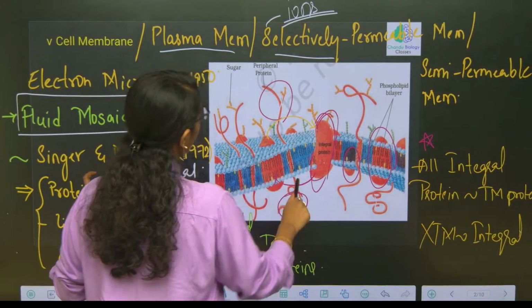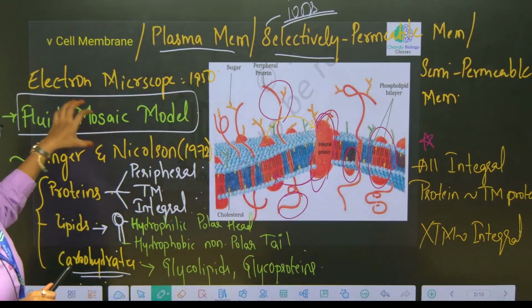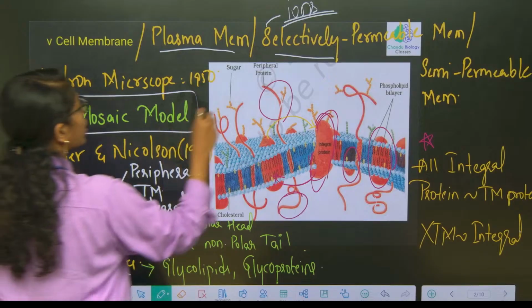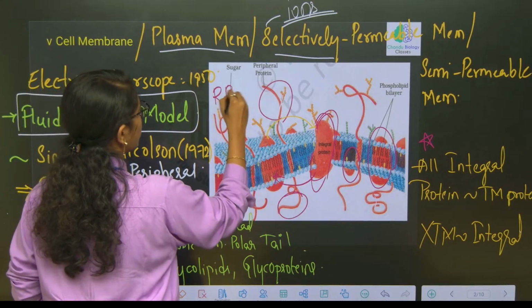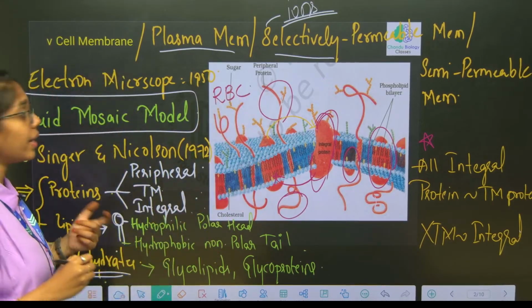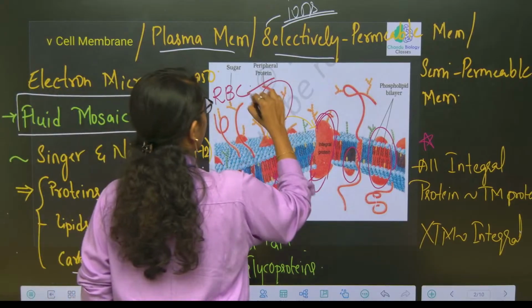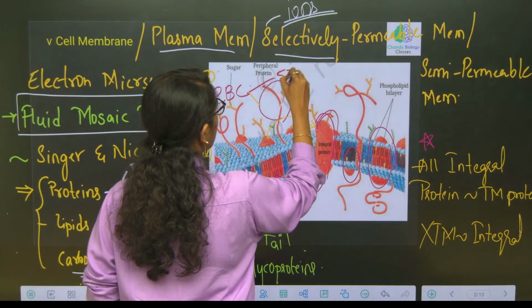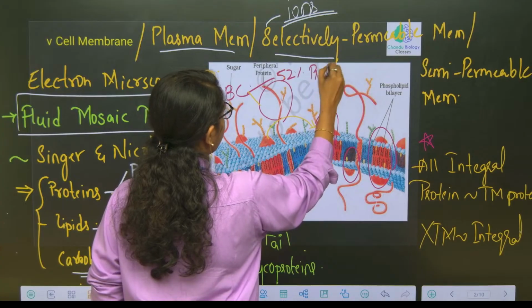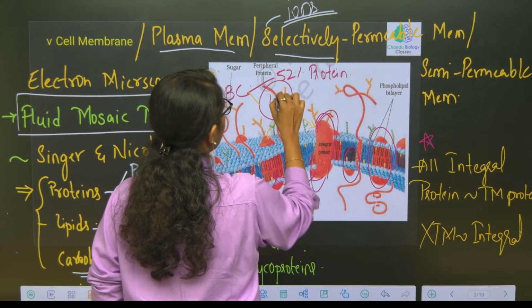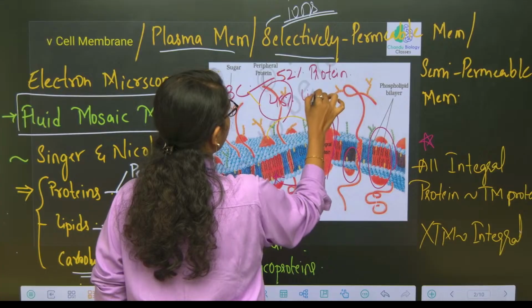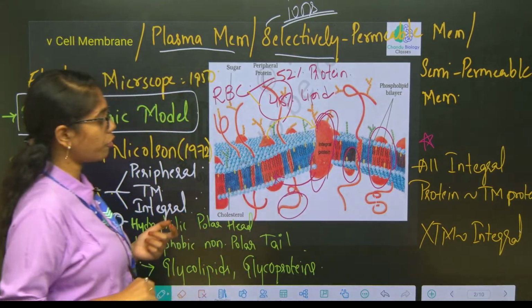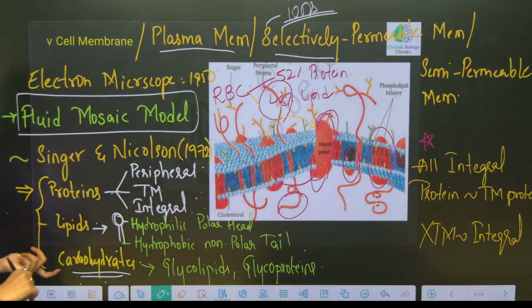The fluid mosaic model is elucidated from the cell membrane of an RBC, red blood cell, where the erythrocyte has 52% protein content and 48% lipid content.